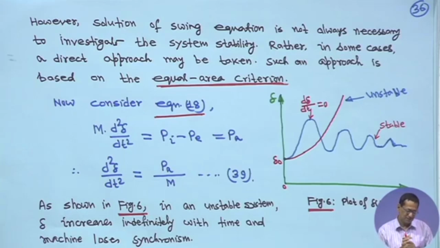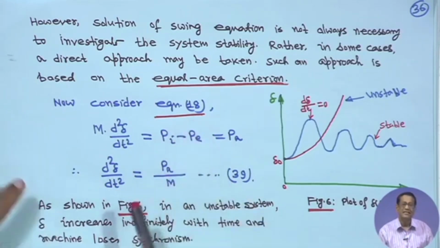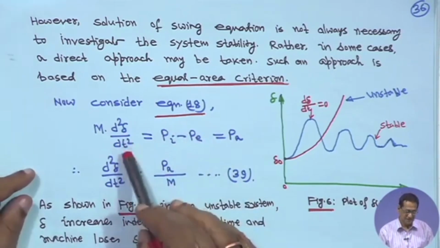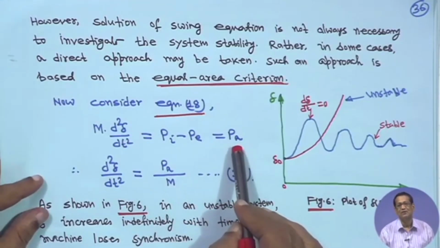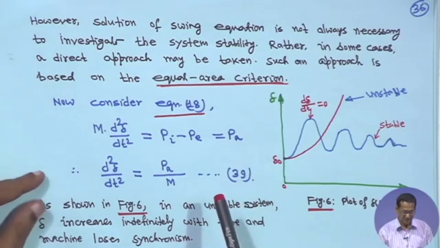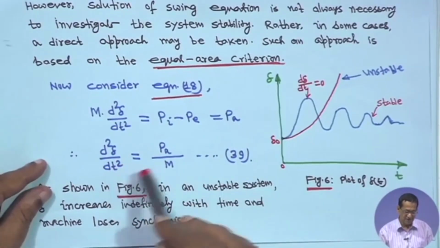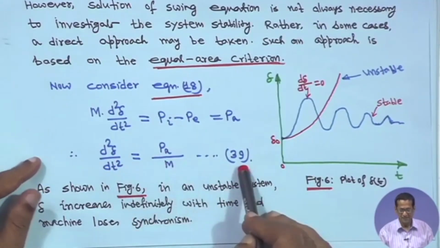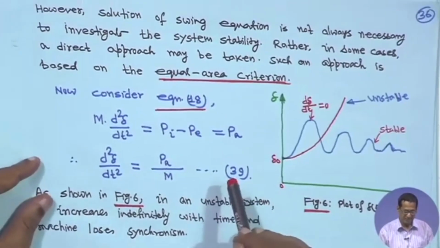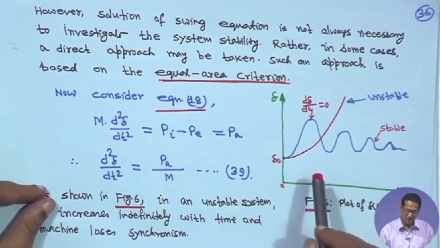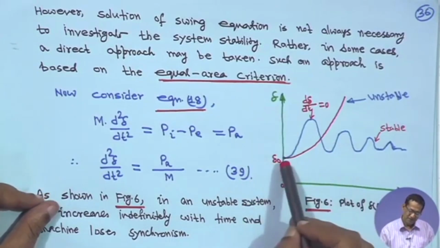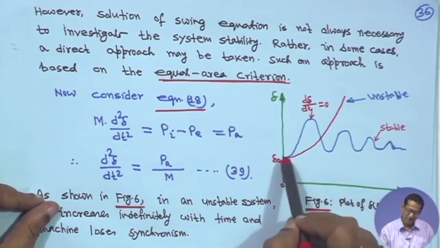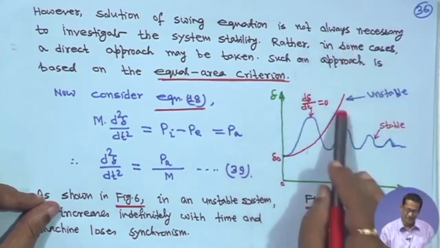For example, consider equation 18: M d square delta dt square is equal to P_i minus P_e, which is the accelerating power. That means d square delta dt square is equal to P_a upon M. This is equation 39. Now, if the delta versus time graph keeps rising like this, then the system is unstable.